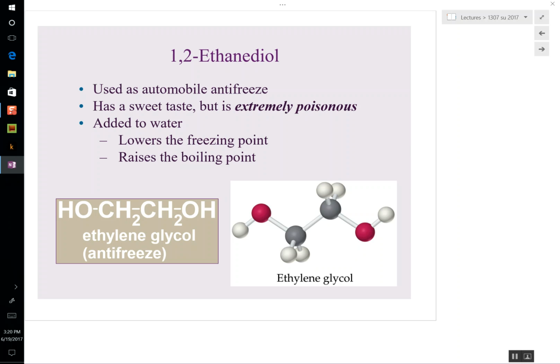But it has been inappropriately put into cough syrups in the United States 20, 30 years ago, and more recently in other countries. It's cheap, and it kills. It will cause kidney failure. Ethanediol.